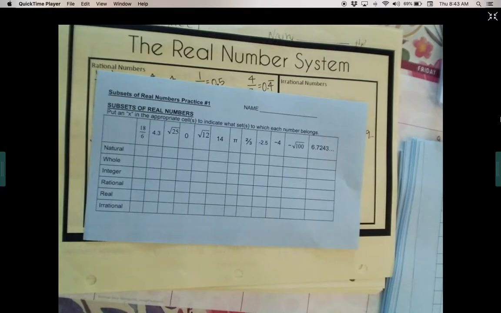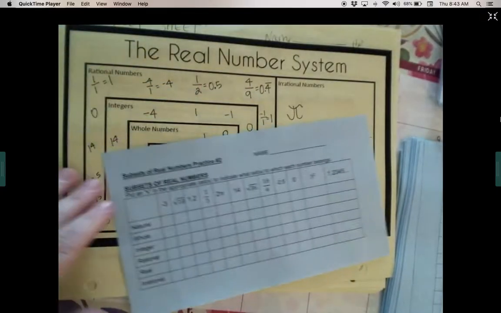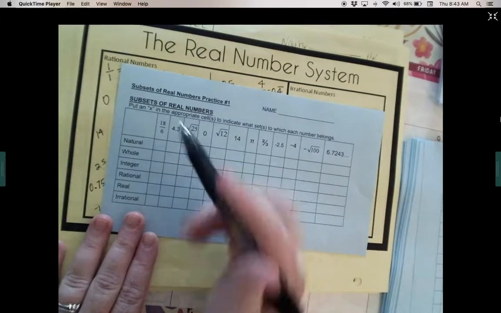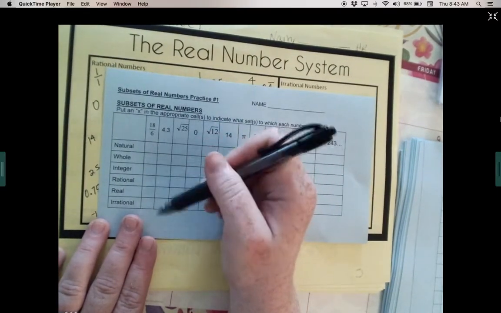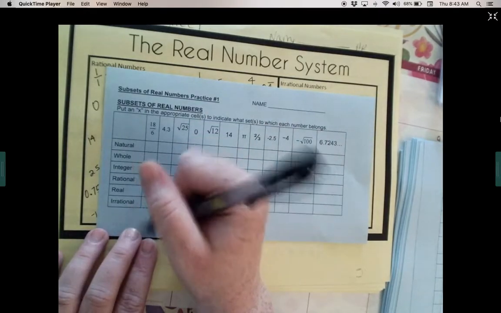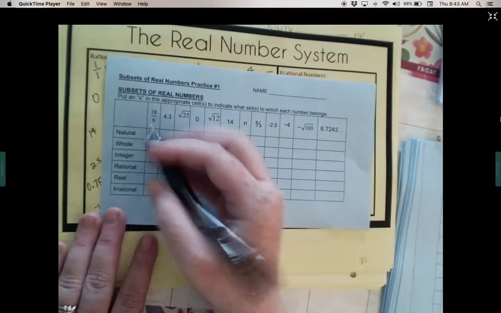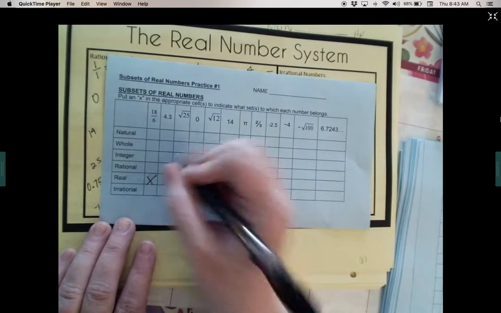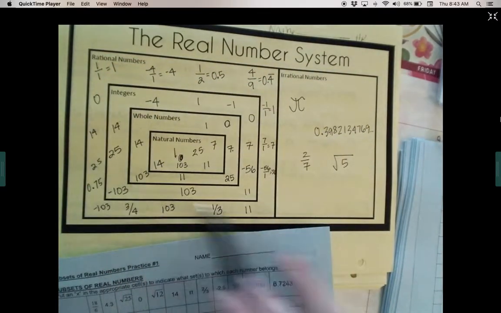So there are 2 sides to it. I'm gonna give you an example on the very first one, okay? So for example, 18/6. I know that it's for sure going to be real. Okay, look, all of them fit in the real system.